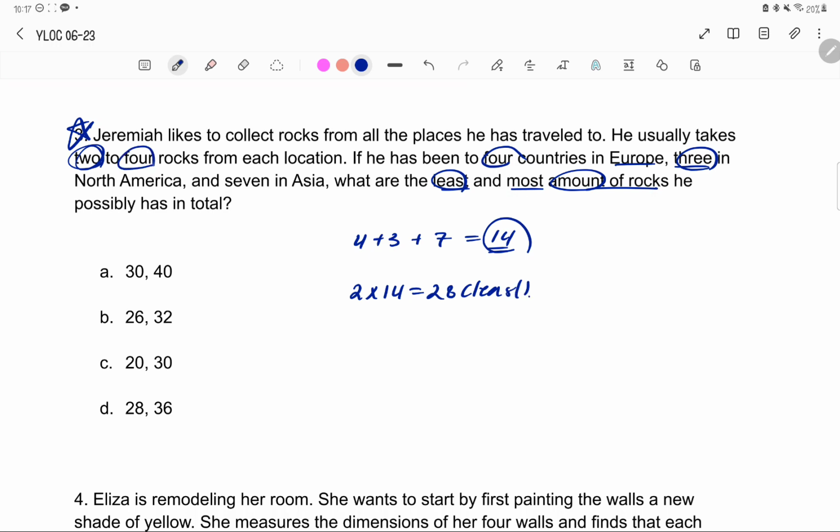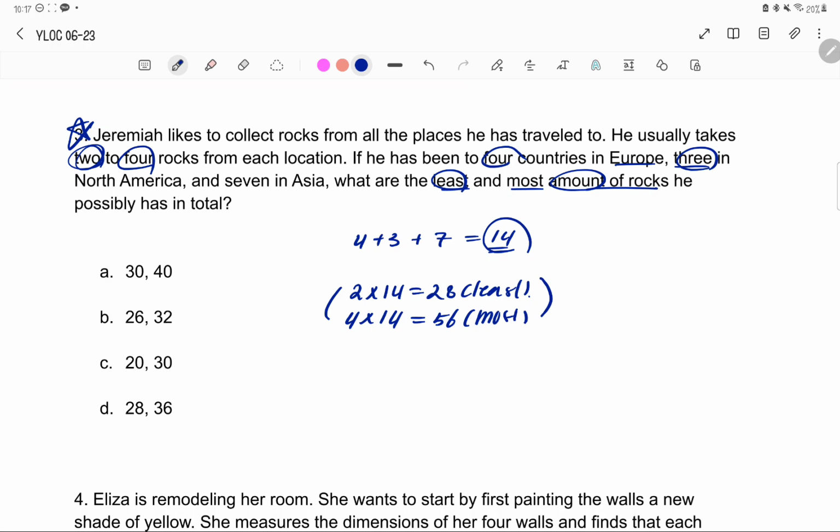And the most is, we're assuming that he collects 4 rocks every time. So 4 times 14 is 56. This is the most.